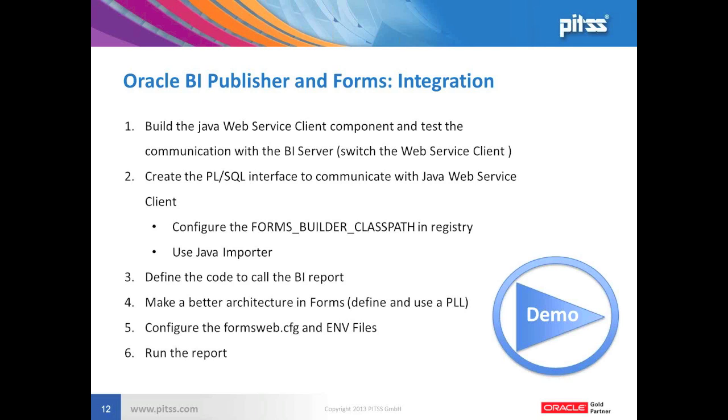In this component, we'll define in the main method a little bit of code that will be able to contact the BI Publisher server, pass some parameters necessary to run the report, and then get back the answer from the BI Publisher server, and we will generate the report on the file system.